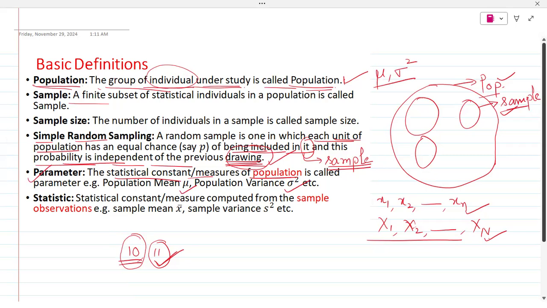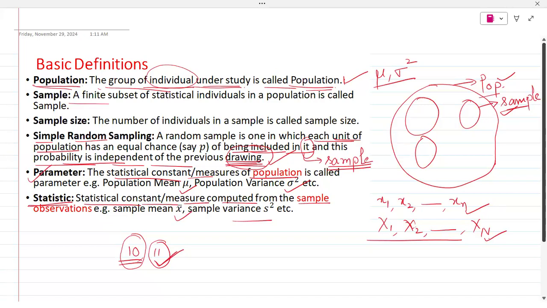And there is another thing now, that is statistic. Any statistical constant or measure which is computed from sample observations, or which is associated with the sample observations, say sample mean, sample variance.